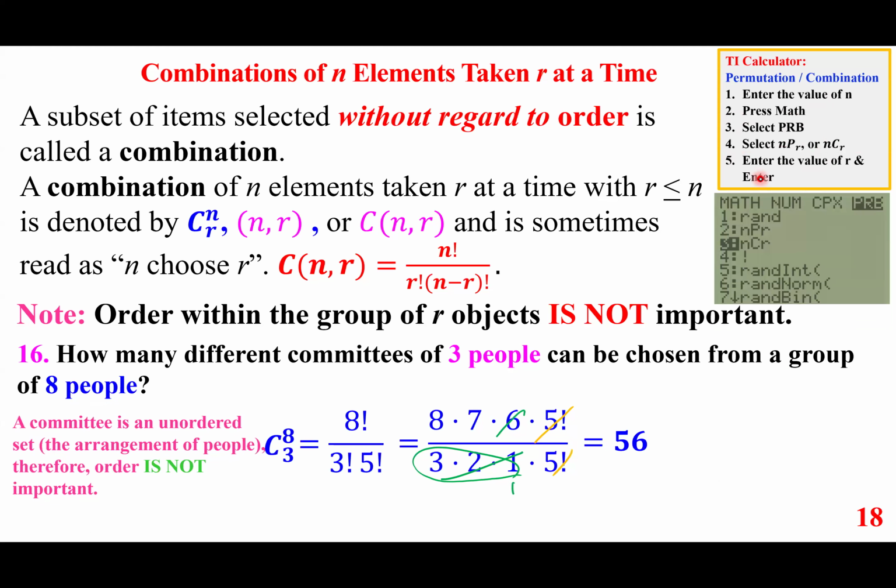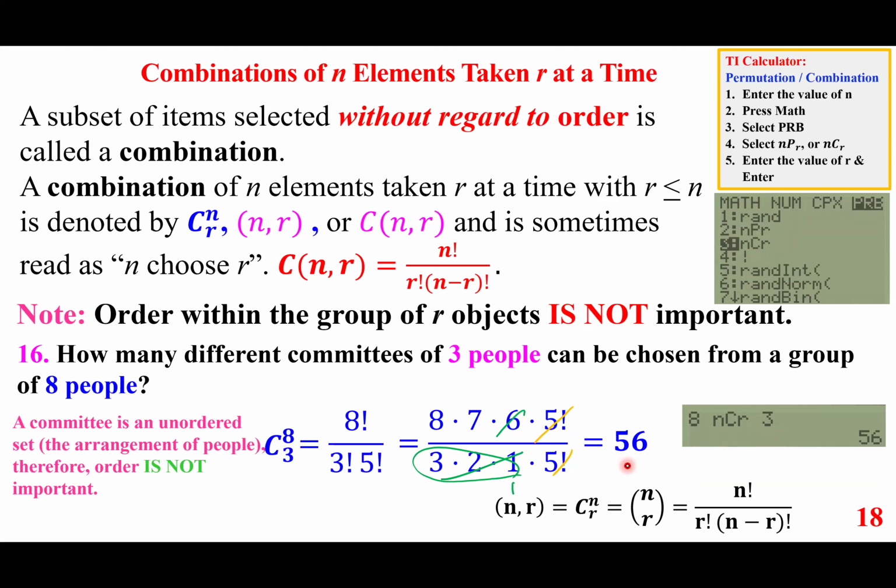So, for example, here, we can see that when we press math and go down here, the third one is a combination. The one before that, NPR, is the permutation. So 8 NCR 3 is 56.